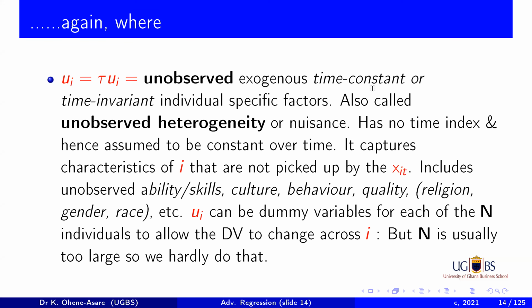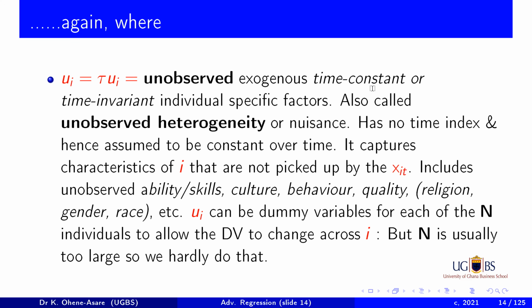For example, you can have a certain company doing well. You see it in the return on assets, return on equity, but there's an embedded culture that you don't see. That must be captured, and it is called unobserved heterogeneity. You can have religion, gender, race, all of these things, that may be defining the way the person is behaving.